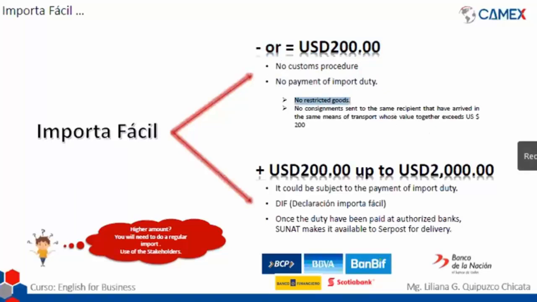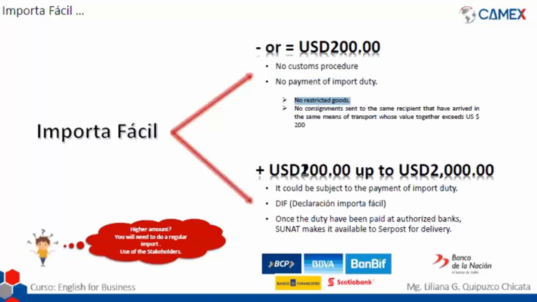So if your product needs any kind of permission from any kind of entities, for example, if you're importing cell phones for selling, or if you're importing, let's say, toys that need permission from some entities, you're not allowed to use Importa Fácil if the products are $200 or less. In this case, you will need to import more than $200.